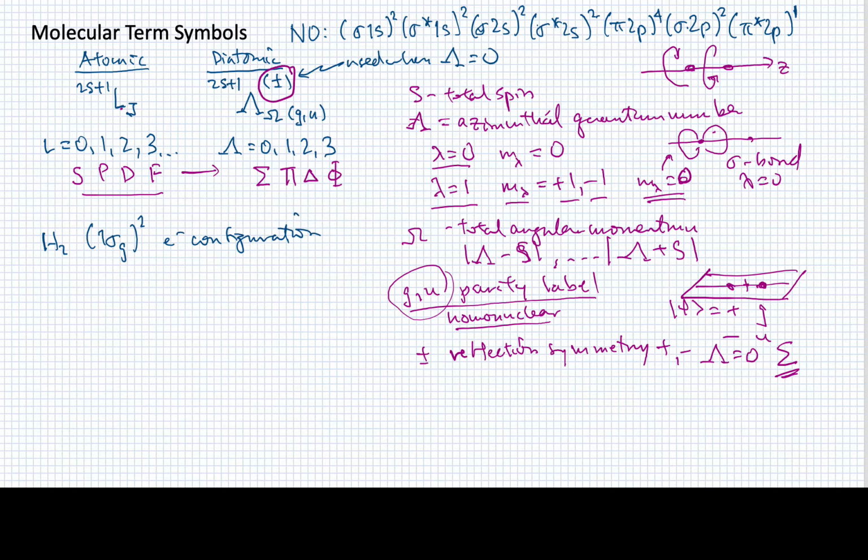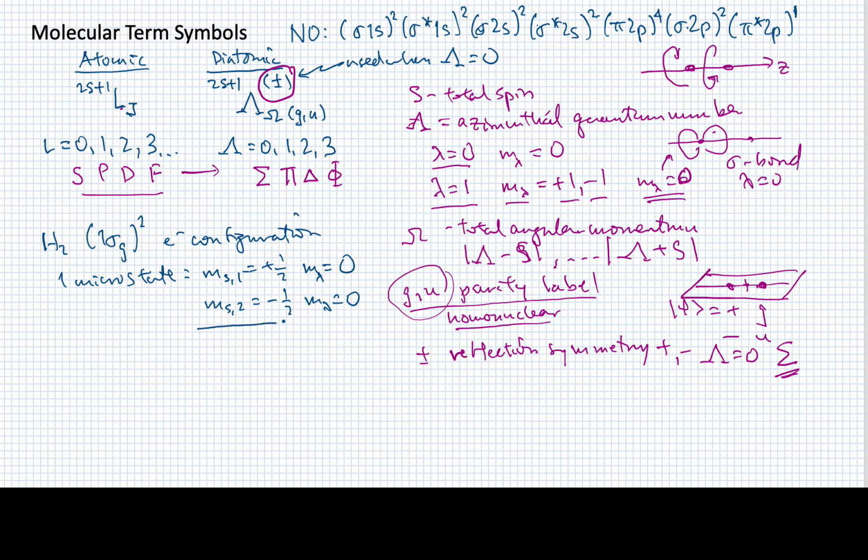We can basically say there's one microstate possible, in which one electron has a spin value of plus 1/2 and m sub lambda equal to 0, and the other electron has a spin value of minus 1/2 and m sub lambda equals 0.